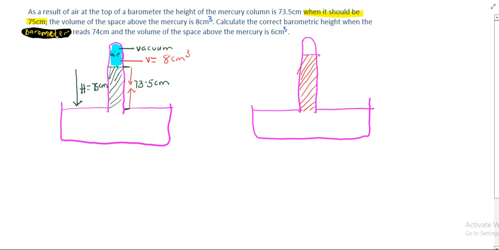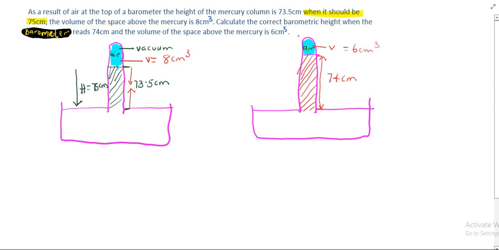In this case, our barometer records a height of 74 centimeter, and the volume of the space above the mercury, you see the space is still there and we said we have air here, is 6 centimeter cube.